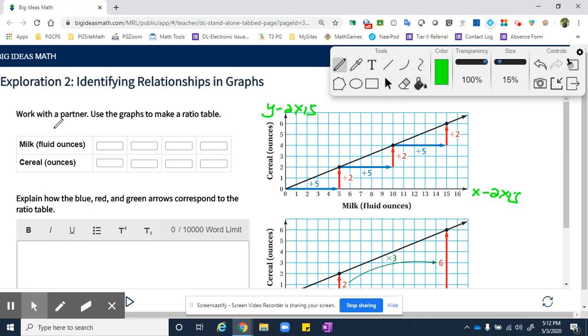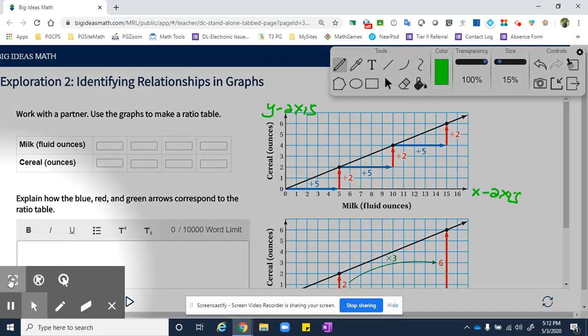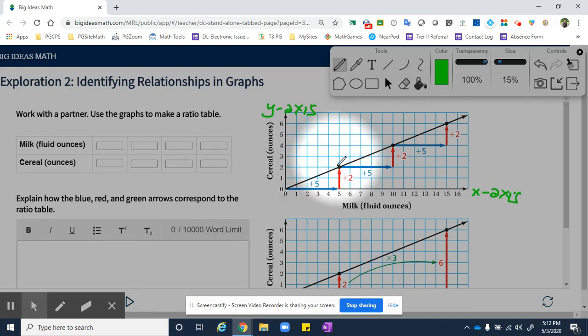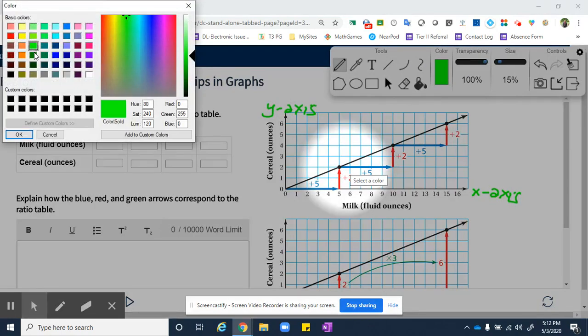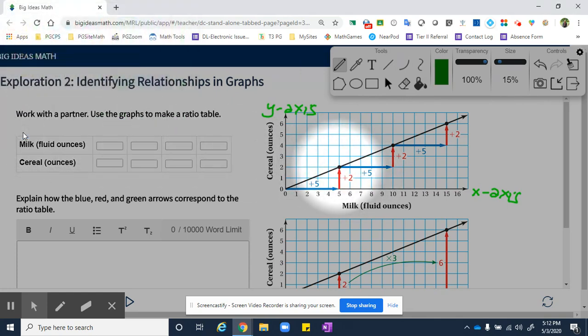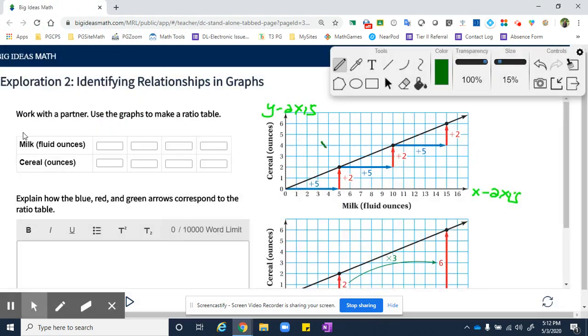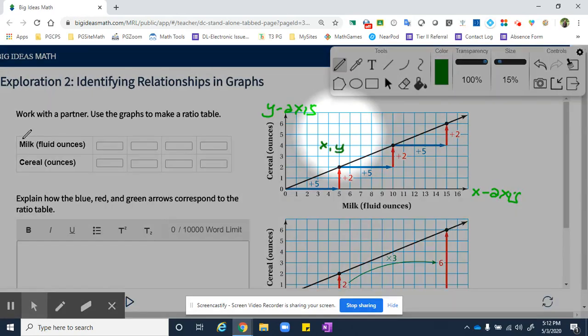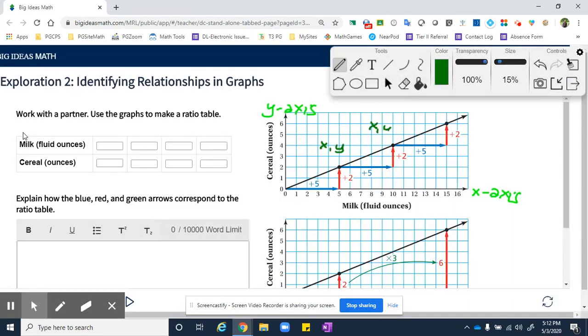Now, remember what I said about the graphs and the points, right? So these points right here represent an ordered pair. So let's write the ordered pair for the first one. So ordered pair is x and y, right? Let's change color. Let me use this dark green right here. Okay, so this point, so x and y. Now let me write all x and y right here.